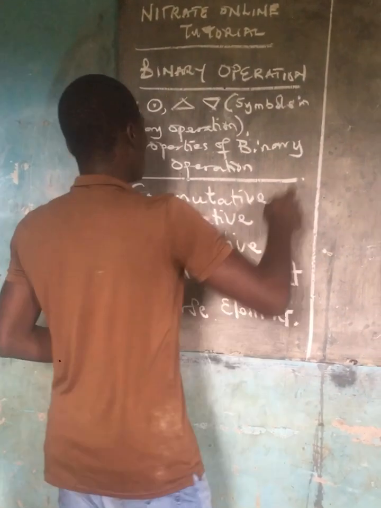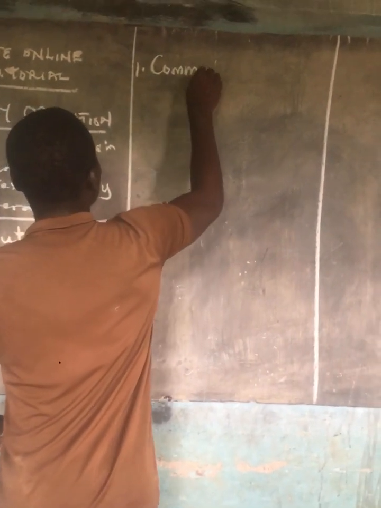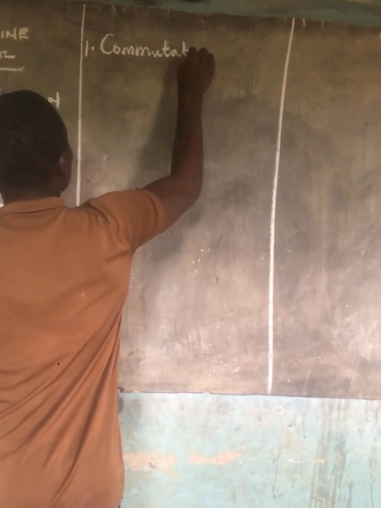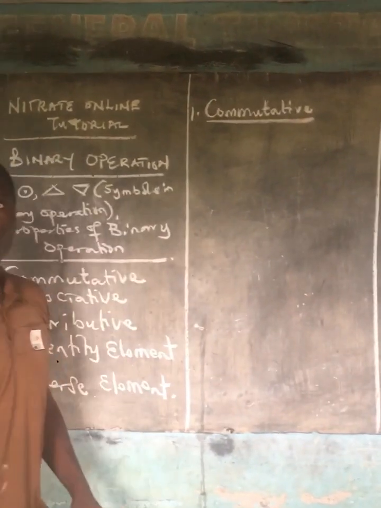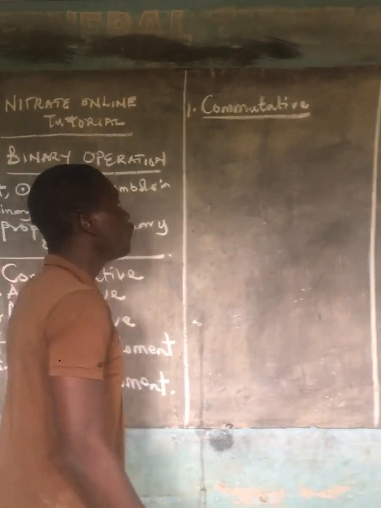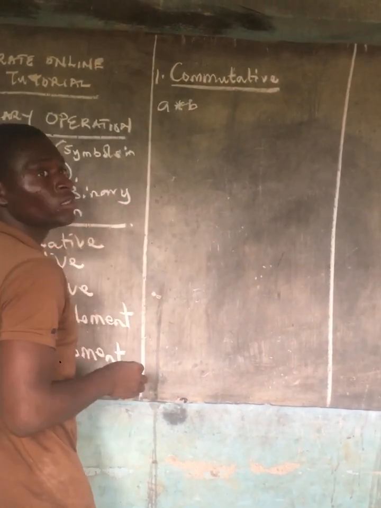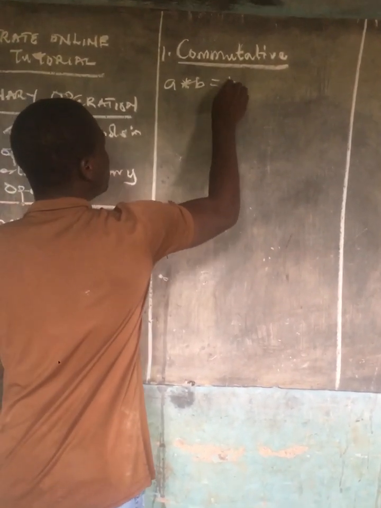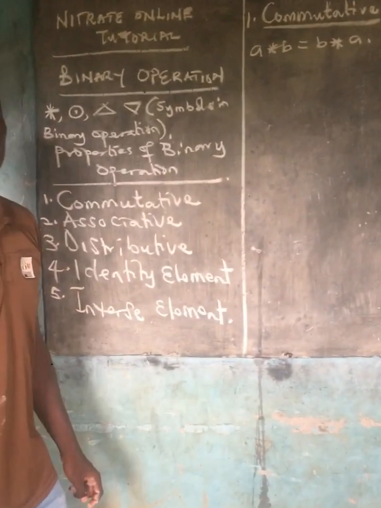So we are starting with commutative property. An operation is said to be commutative if A asterisk B is equal to B asterisk A. What is the meaning?